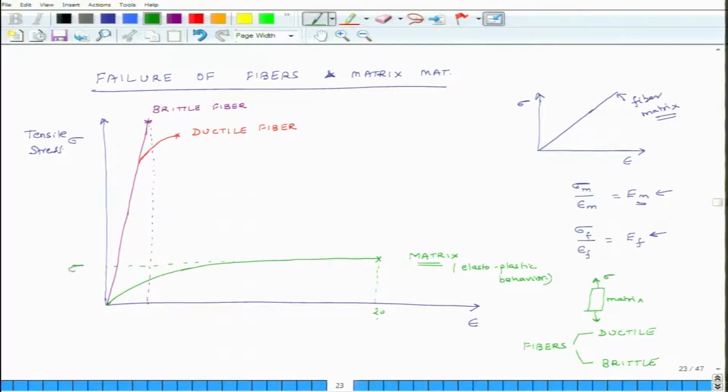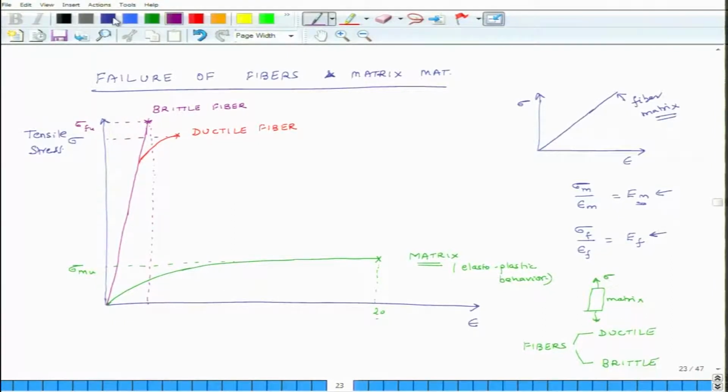So, let us call this sigma mu, ultimate tensile strength of a matrix material. The tensile strength of a ductile fiber or a brittle fiber is significantly higher, several orders of magnitude, at least an order of magnitude higher.